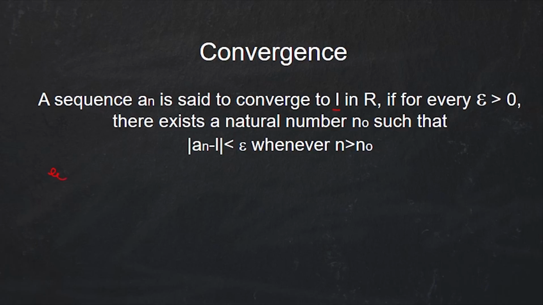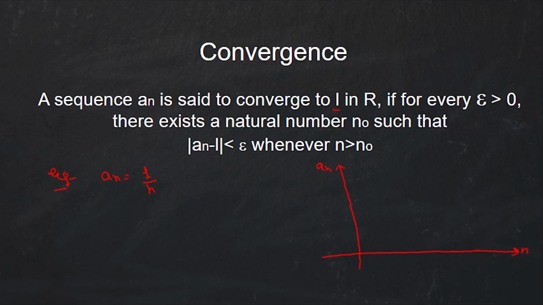I can explain what is actually meant by convergence with an example. Suppose my example was a_n equal to 1 over n, right? So let me draw a graph of this function to the corresponding scale. You can scale it according to yourself. Okay, so this is my a_n and this is my n.